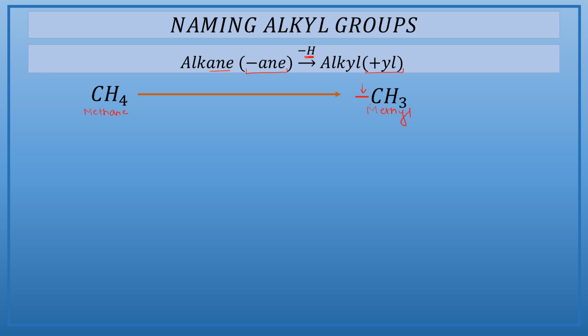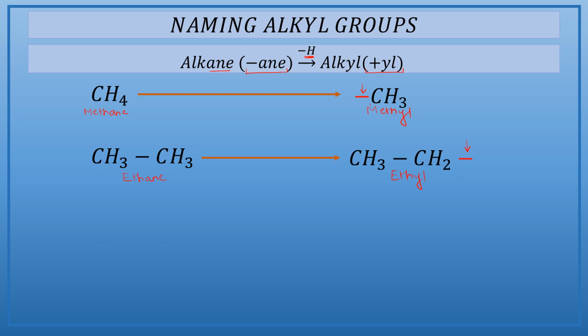Similarly, if we remove a hydrogen atom from an ethane molecule, we will get this particular group. One valency of carbon is free right here, and this group has been derived from ethane, so it will be named as ethyl.